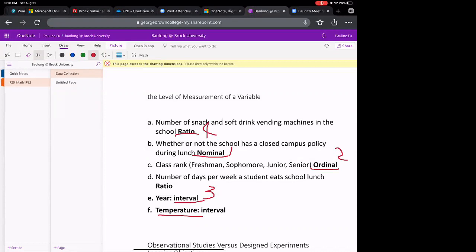On another hand, we also discussed quantitative data and qualitative data. So number 1 and number 2 belong to qualitative data. And number 3, interval and ratio, is quantitative data.